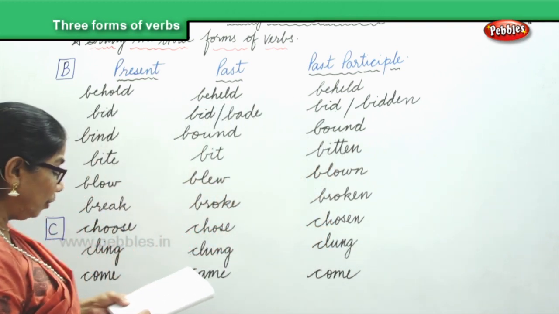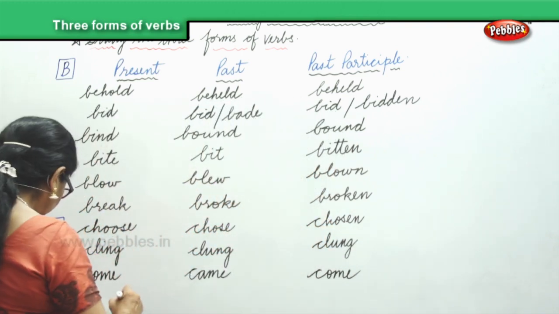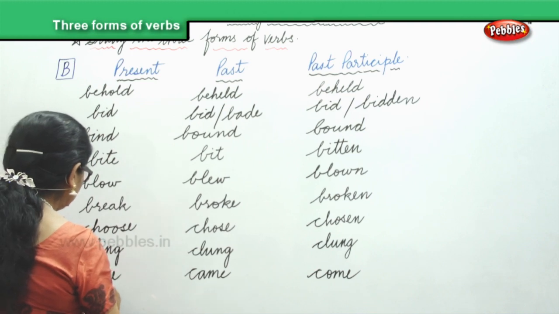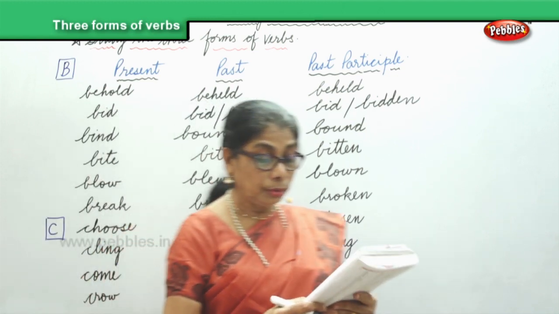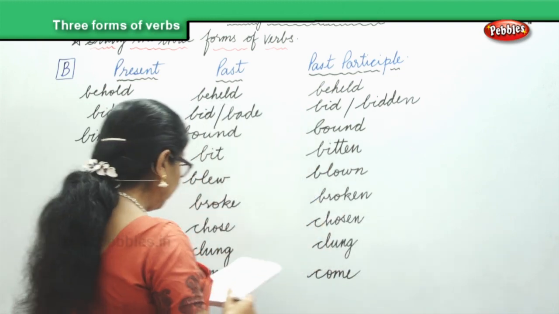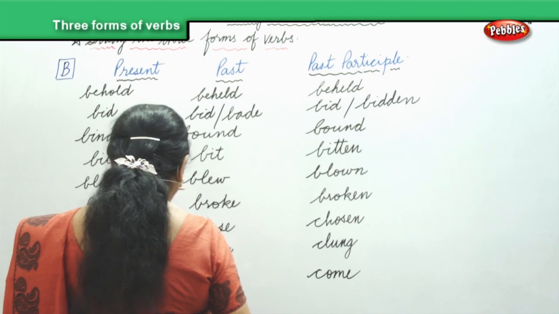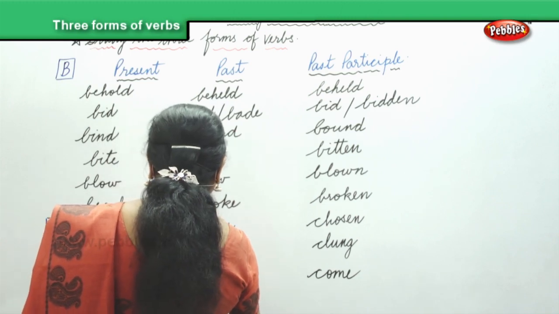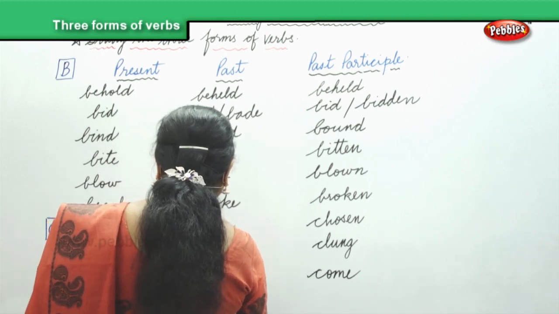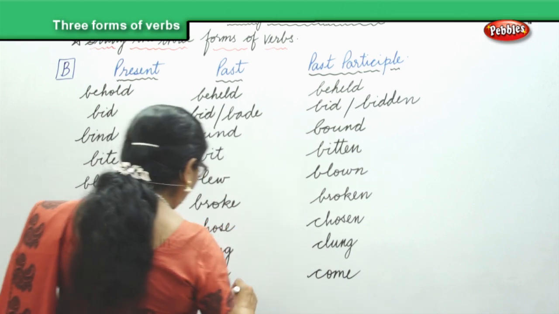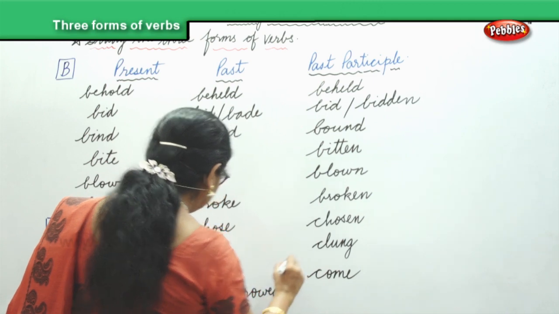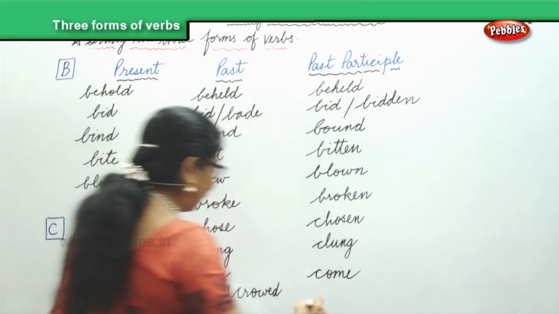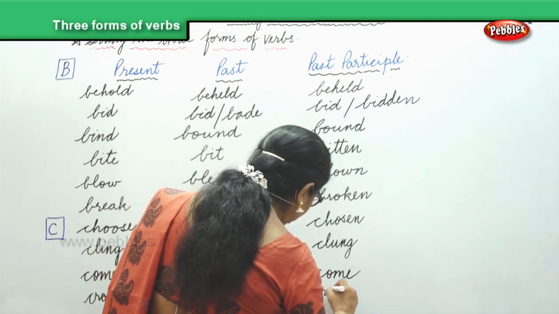Then you have crow. What is the cock do? The cock crew, or you can also say the cock crowed. For the past participle, again crowed.